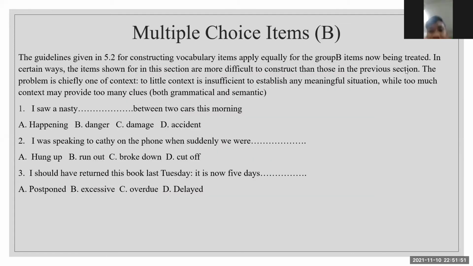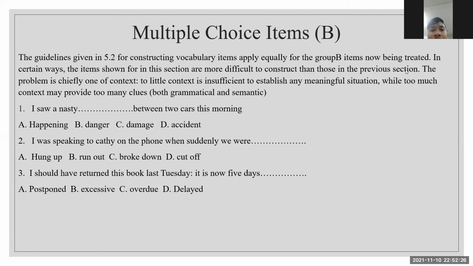Next, multiple choice items, group B. The guidelines given in 5.2 for constructing vocabulary items apply equally for the group B items, now being treated. The items in this section are more difficult to construct than those in the previous sections.